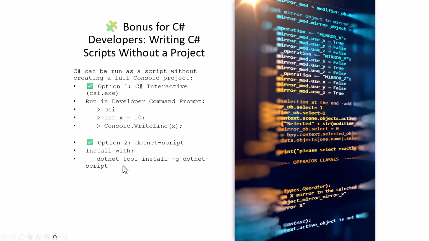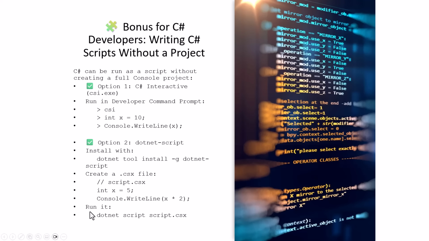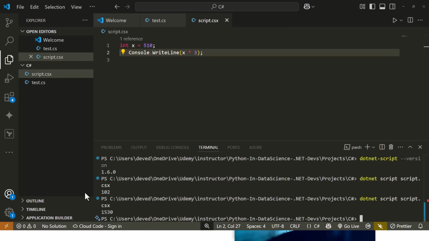Install it with dotnet tool install --global dotnet-script, and then we have to create a CSX file, which is script.csx, for example, or test.csx, or whatever it is, and then we'll have this code: int x = 5 and Console.WriteLine(x * 2), and run it with dotnet script script.csx, which we'll now do in Visual Studio Code. So I've got this dotnet-script version. It is already installed, so it shows a version. You may have already got it installed, but if you want to be sure, you can run this version check, dotnet script --version.